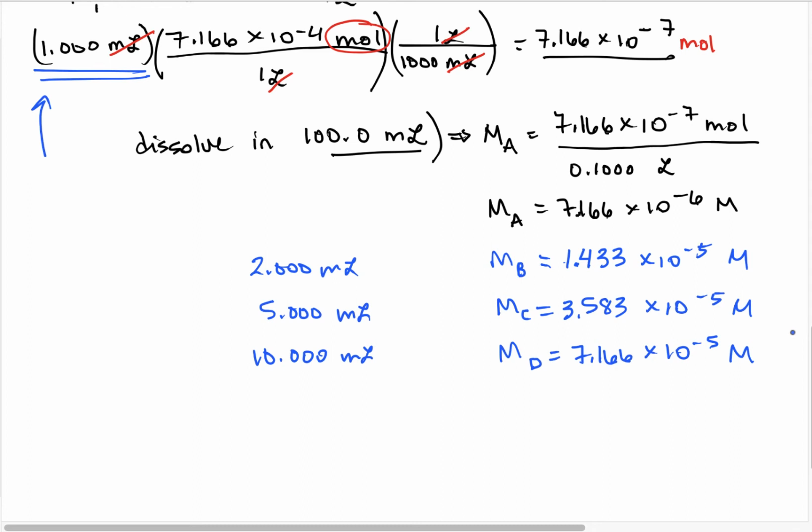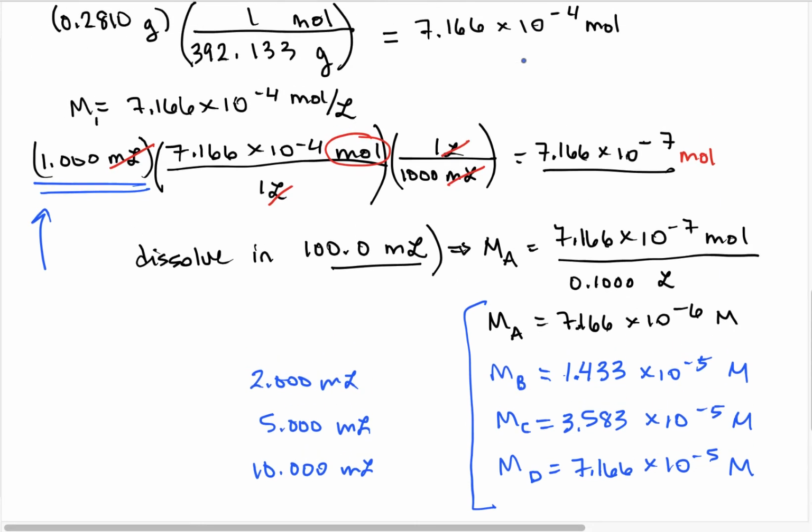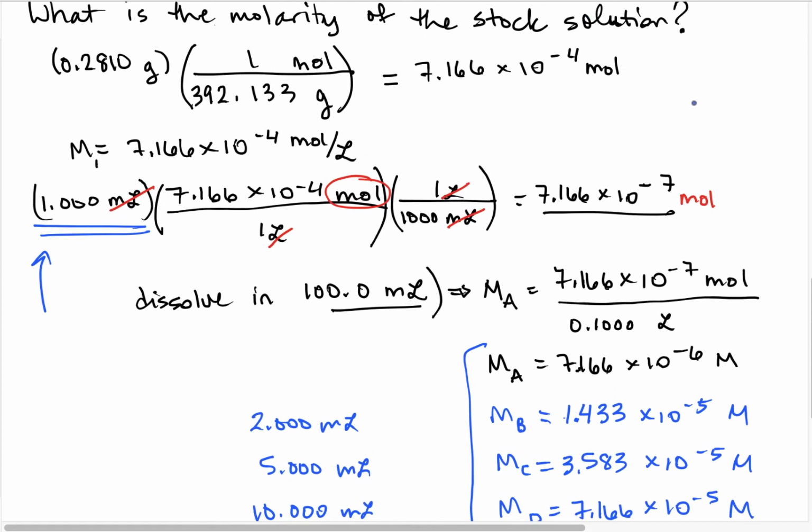So what we just have here is a series of more dilute samples that are coming from our stock solution. Right, here's our stock solution. And so let's review the calculation that we did.